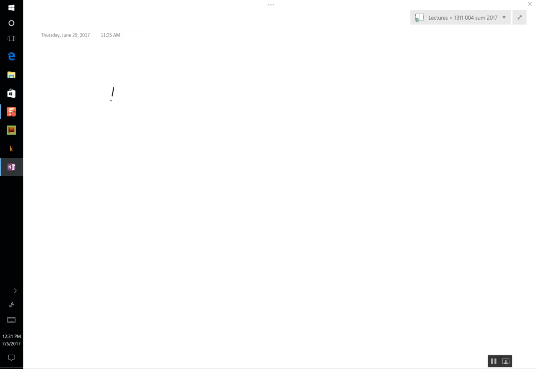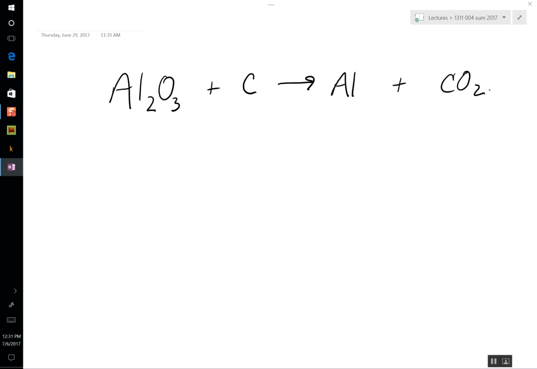But if you remember our key equation, aluminum oxide plus carbon yields aluminum plus carbon dioxide, and we balance this way.